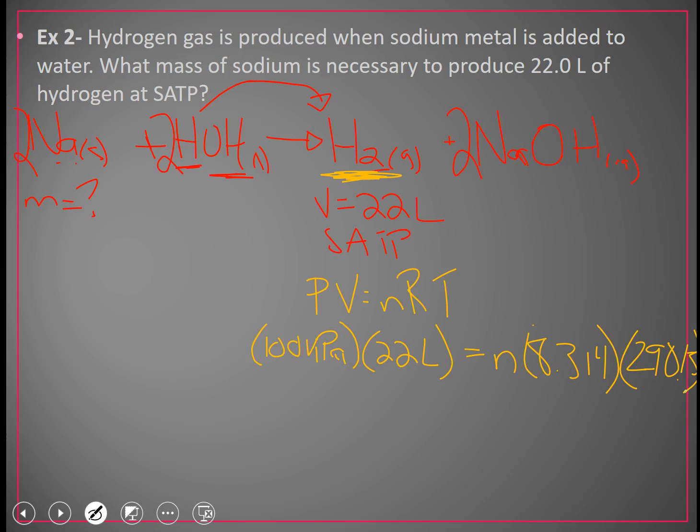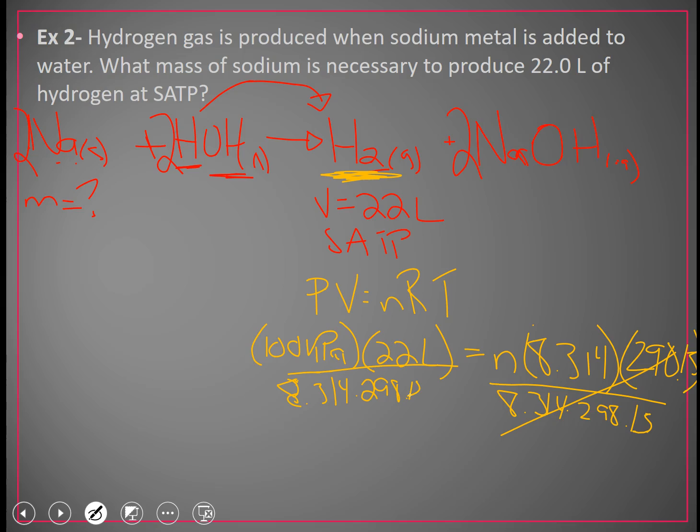And so to solve this, I'm just going to divide this off, 8.314 times 298.15, and I'll divide it from this side as well. So 100 times 22, and divide that by 8.314 times 298.15.